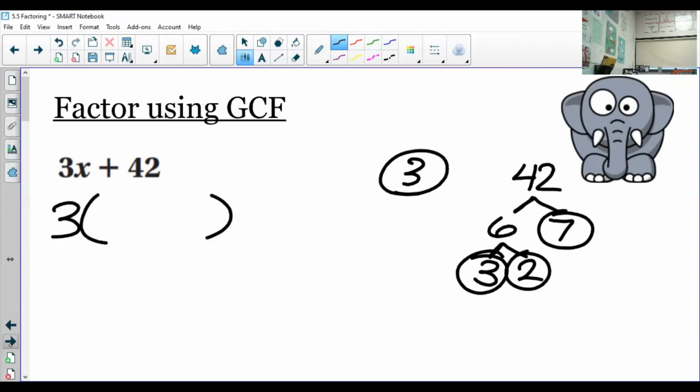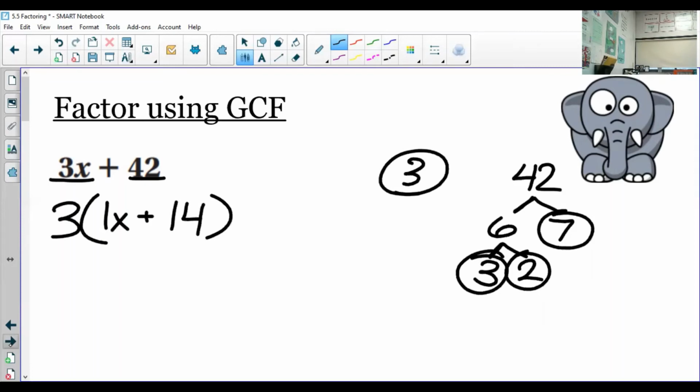Now let's think. 3x divided by 3. 3 divided by 3 is 1, so just 1x. The x has to stay in the parentheses. And then we add, what's 42 divided by 3? If you need to do the math off to the side, you can, but I know that's 14.